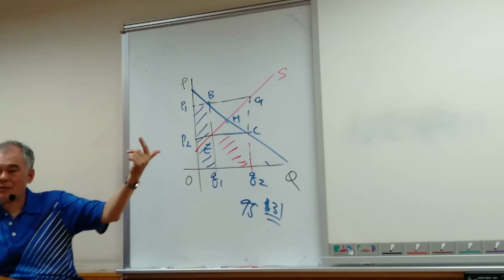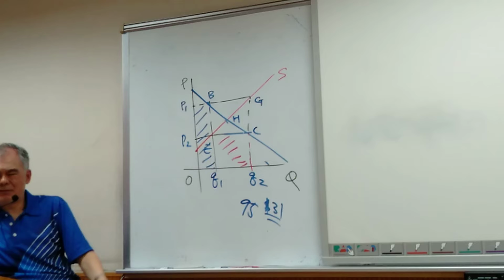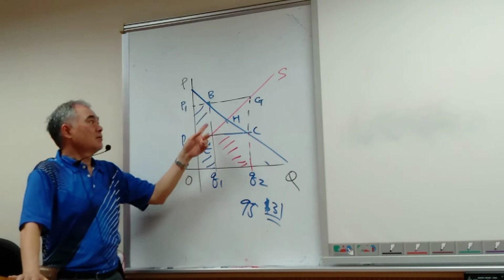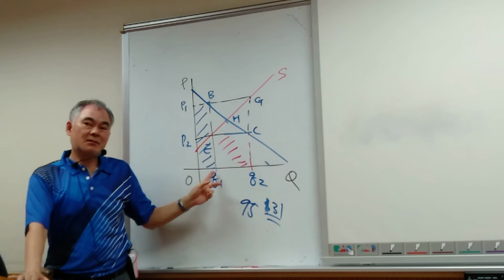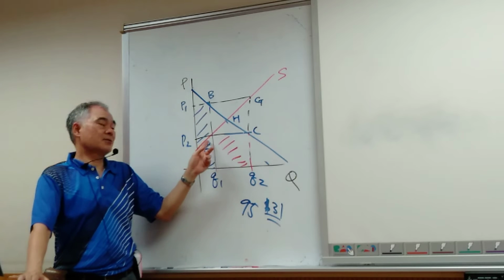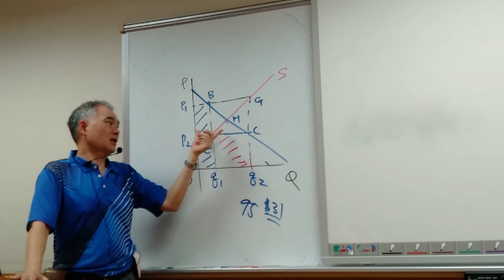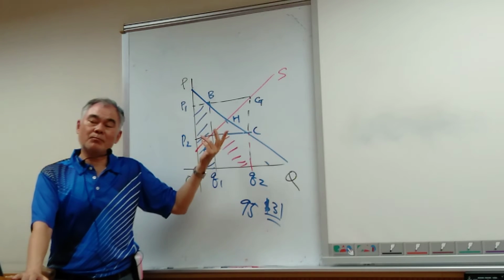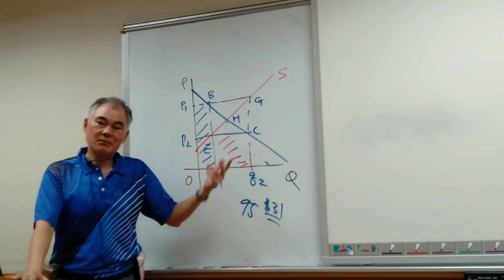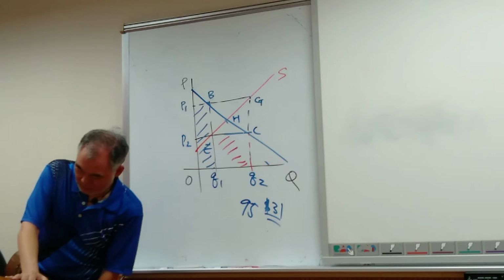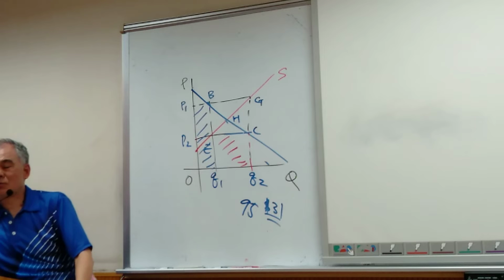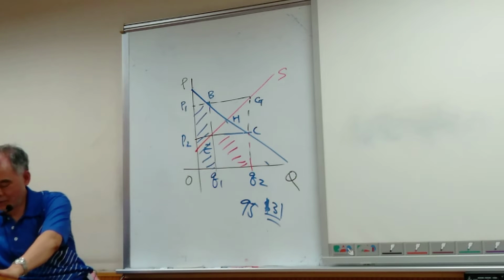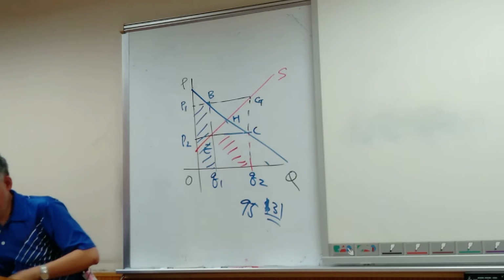High price, best for producer. But not necessarily, right? Because at this high price, the producer can produce a little bit more to make more money. So not necessarily good. The best is to let the market work. Okay, question 3.